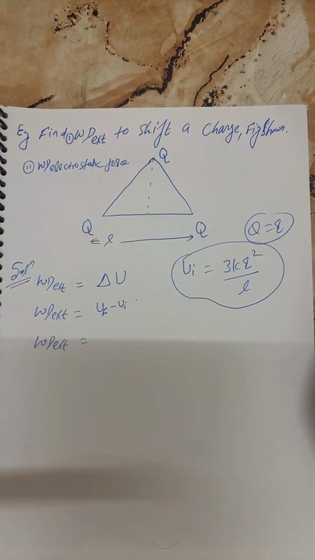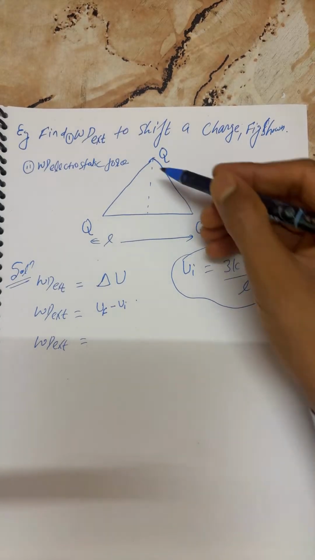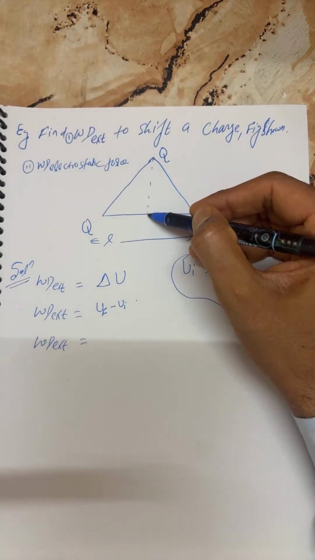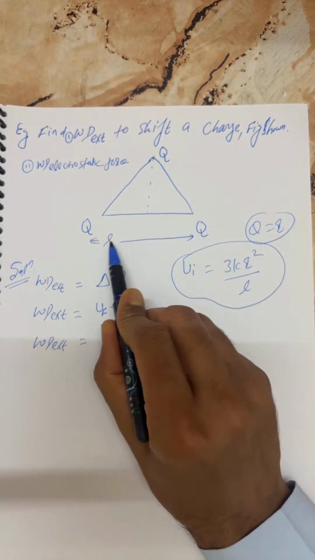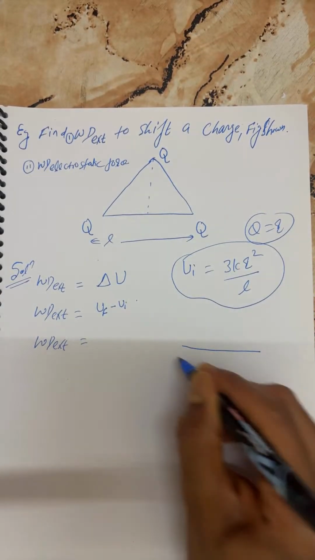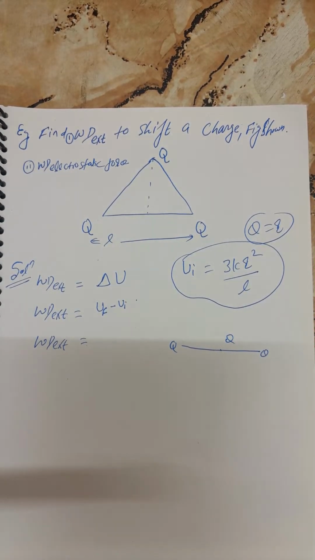Okay, now you finally have to write. If this particle comes over here, what can we write? Make one more diagram: Q, Q, and Q. I know it's an interaction potential energy, my kids.